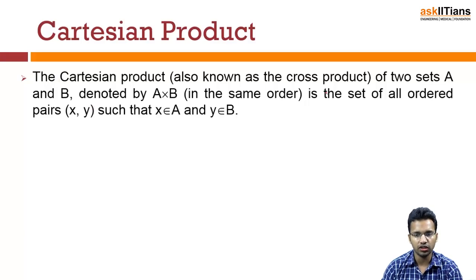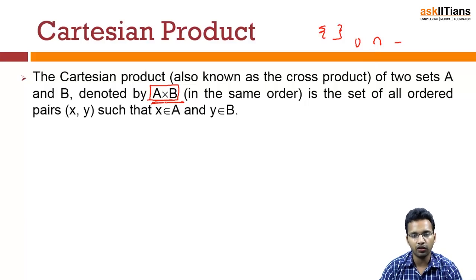The Cartesian product of two sets is denoted by A cross B, the word order.